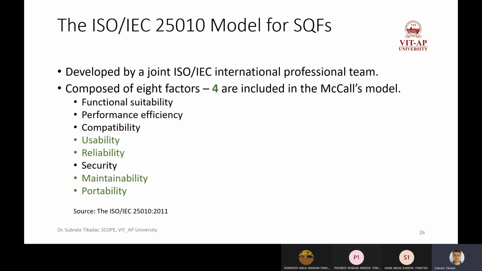We already know what usability, reliability, maintainability, and portability are. Those are already defined in McCall's model, the classic model. So these were defined as it is. So we will not discuss those, but let us know the other 4 factors, how they are defined.